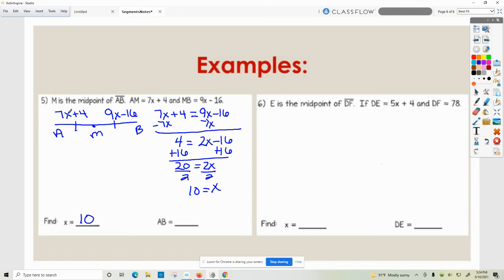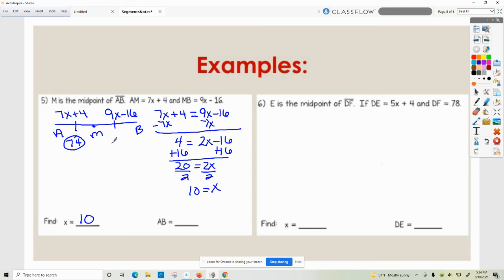So you'll go 7 times 10 is 70. 70 plus 4 is 74. Your M to B is 9 times 10, which is 90. And I'm going to take away 16.